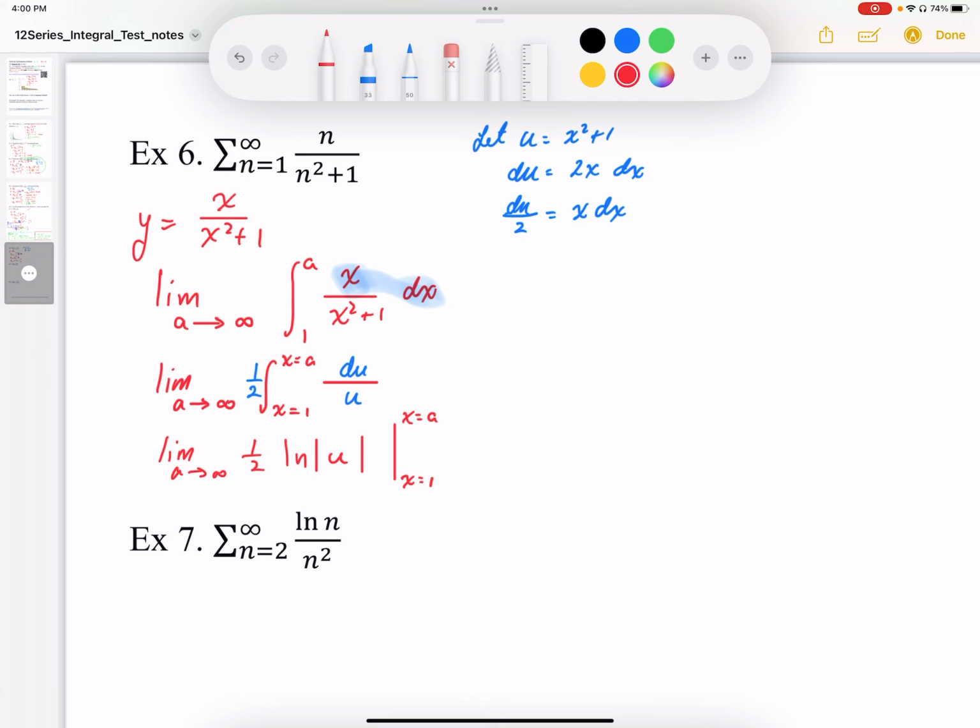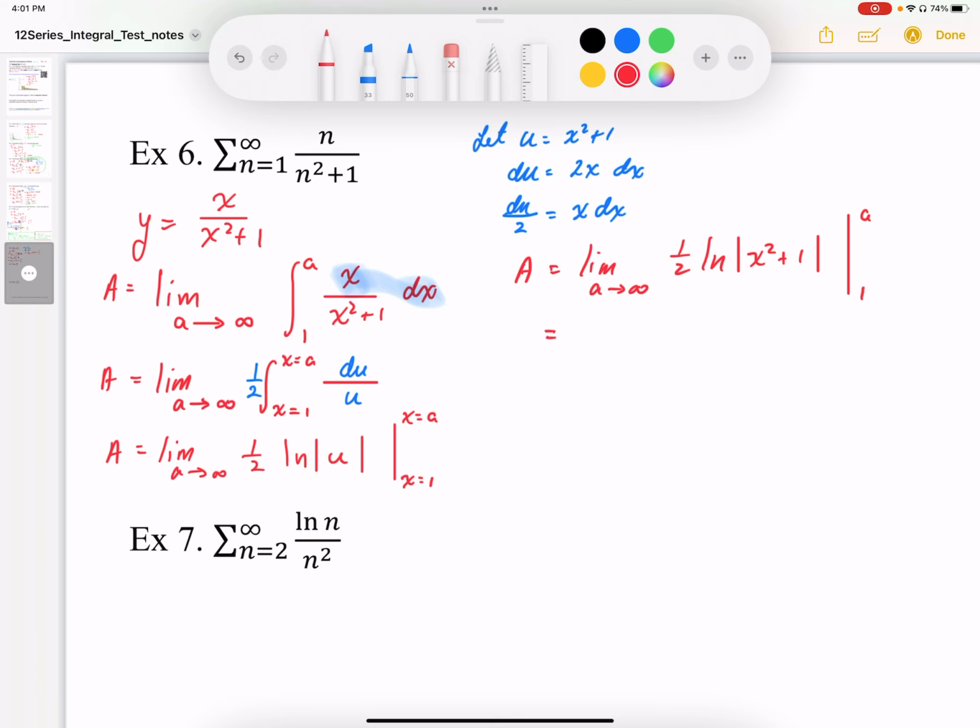So now, working this out, so this is my area. My area is equal to the limit as a approaches infinity of 1/2 log, and instead of u, I'm going to replace my u with x squared plus 1. And because I'm back to x's, I can just use my bounds as 1 to a.